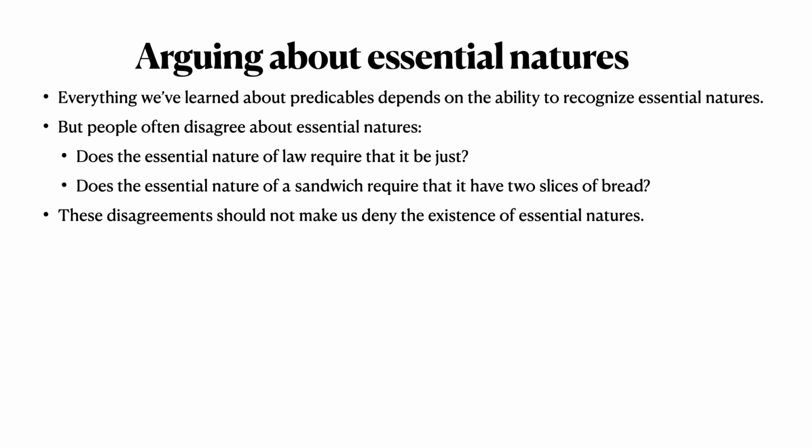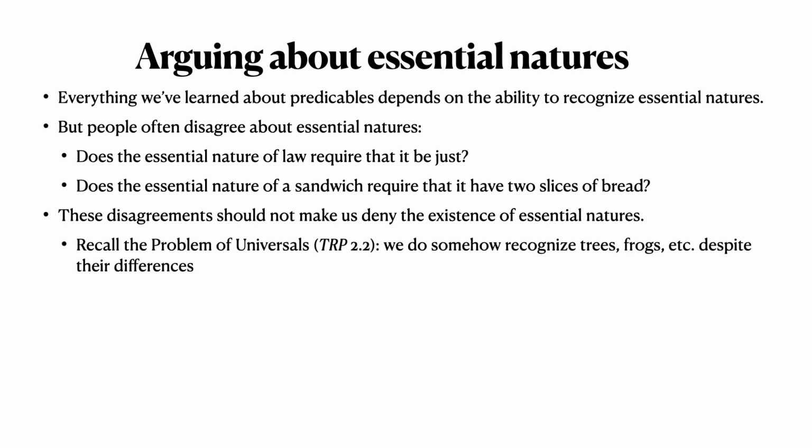And in case you need some reminding about why we're talking about essential natures, just go back to the problem of universals that we discussed in section 2.2. Somehow, when we walk outside, we do recognize trees, even though we've never seen them before. Somehow, we recognize all of the different trees out there, even though no two of them are alike. We somehow know that they're all trees.